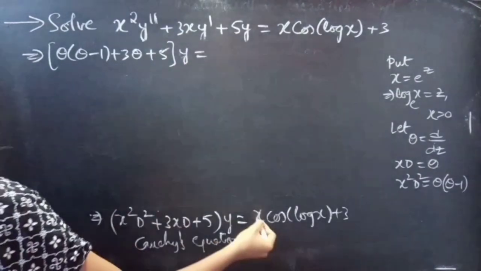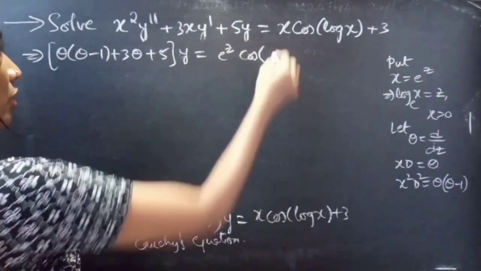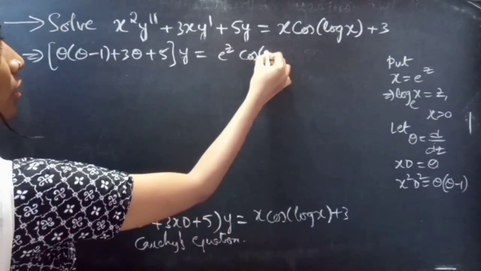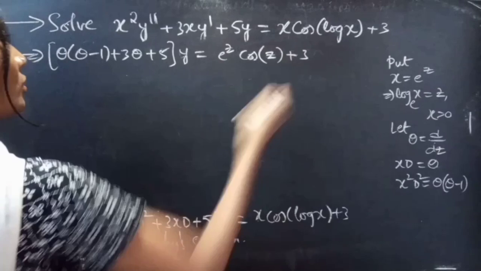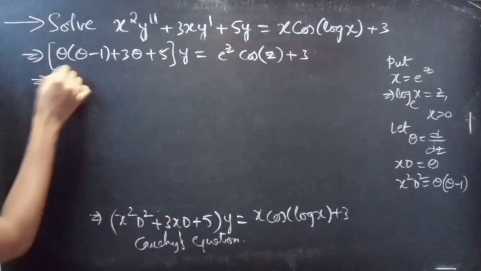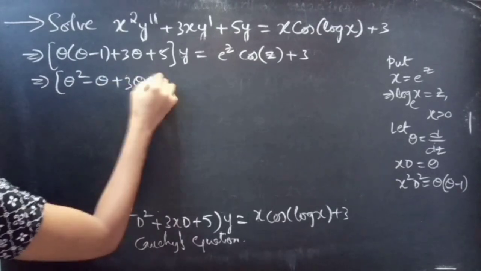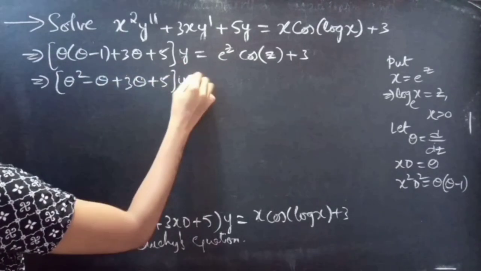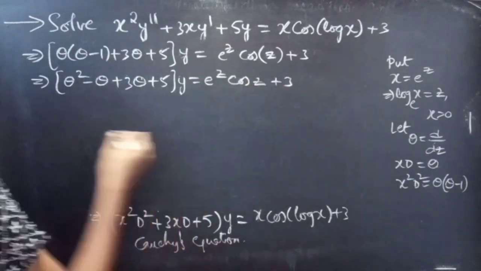equals x. Replace x by e power z into cos, replace log x by z, plus 3. Then theta into theta, theta square minus theta plus 3 theta plus 5 into y equals e power z cos z plus 3.